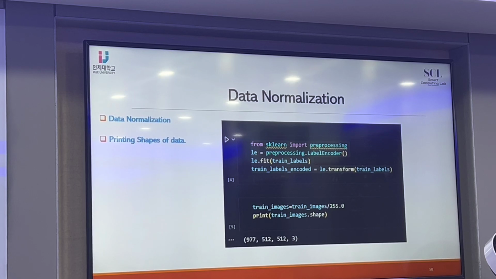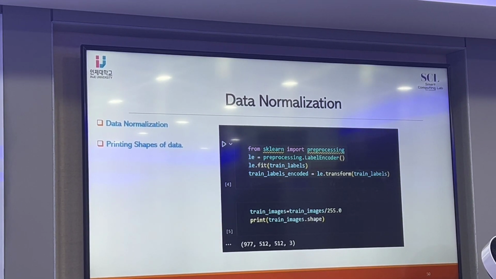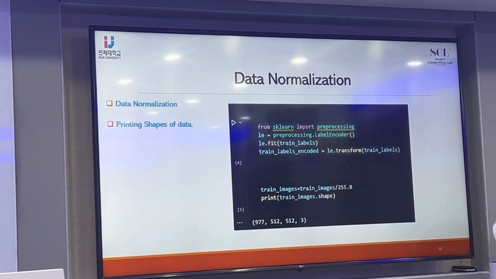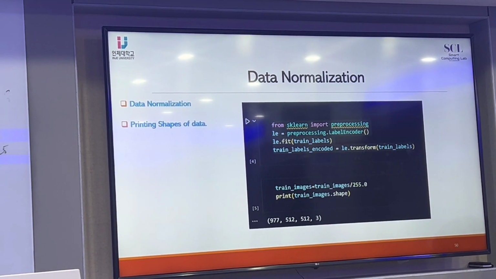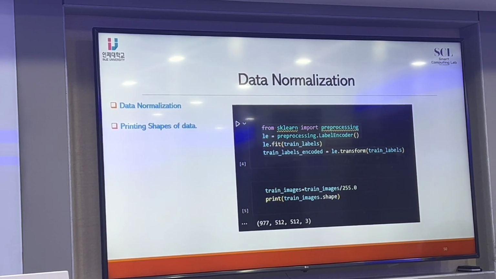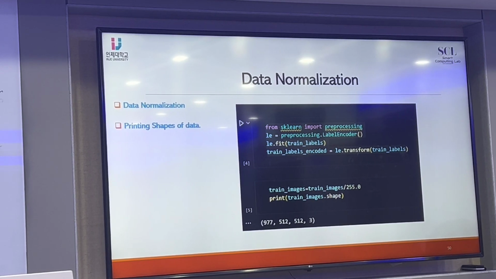Here we are normalizing the images with this code, because normalization is very important: there are different pixel scales, so to bring them to a uniform level we need to normalize the images so that the model may not overfit.